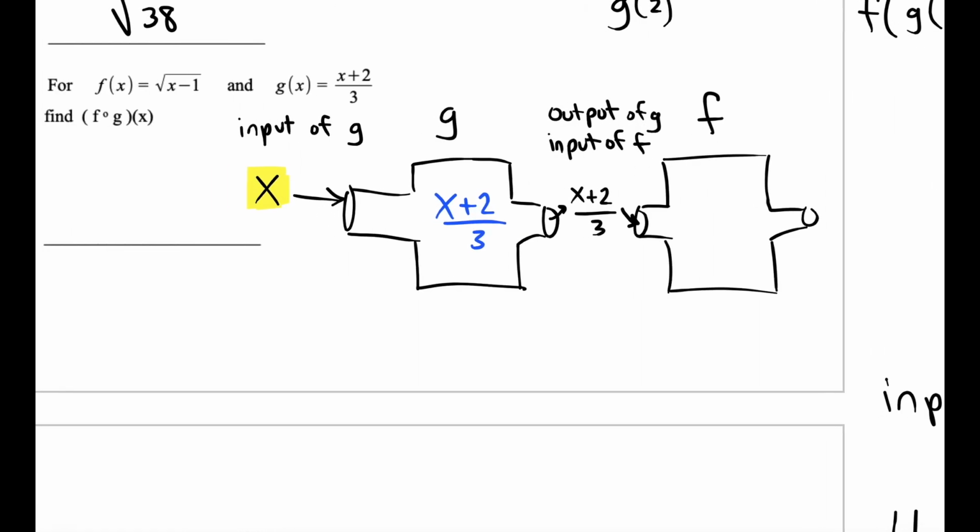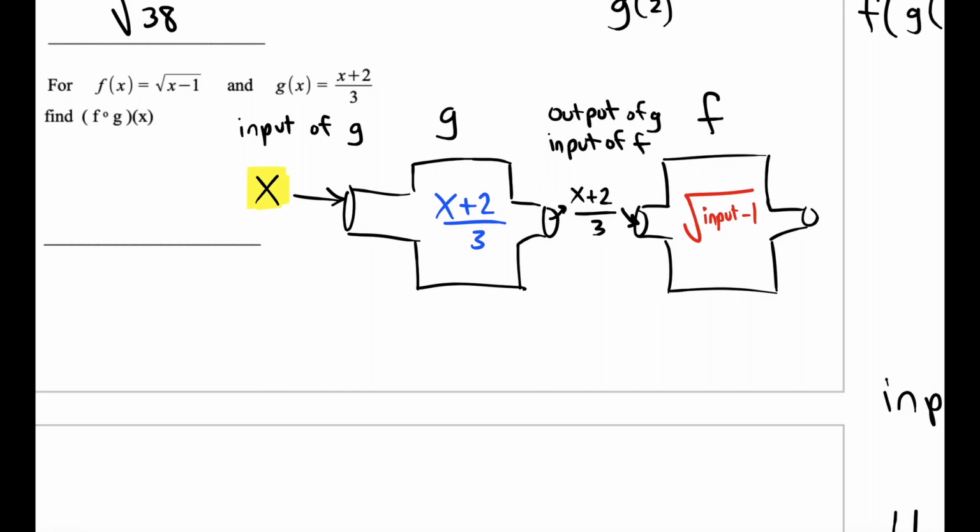Now what f wants to do is it wants to take whatever comes in and do whatever his input is minus 1 and then a square root. But this time his input is not just x. If his input was x, then of course his output would be radical x minus 1. But x isn't his input now.